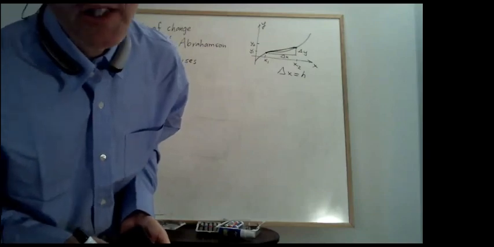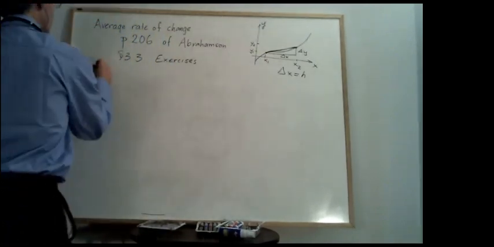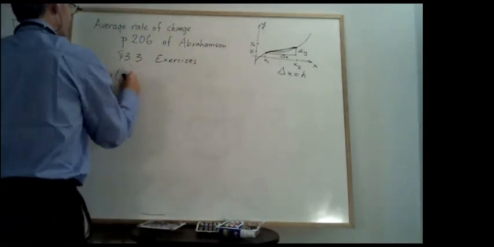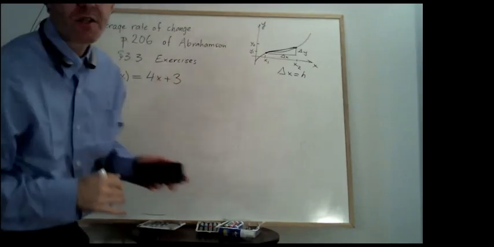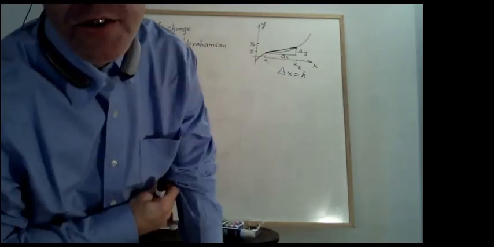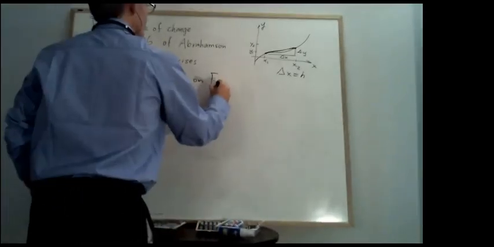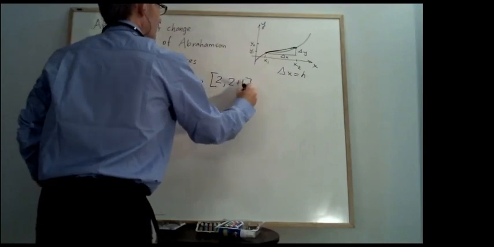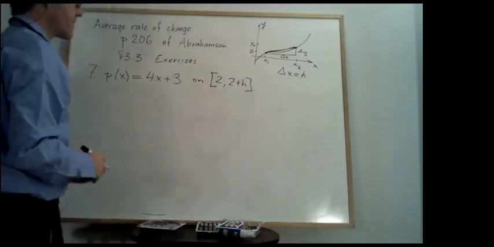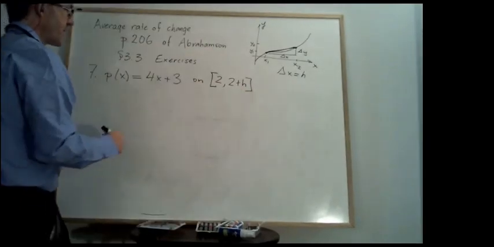I'll just look at it quickly anyway. 7 says p of x is equal to (4x plus 3) on 2 and then 2 plus h. Okay, so it's written in this way. That will make it easier in general.